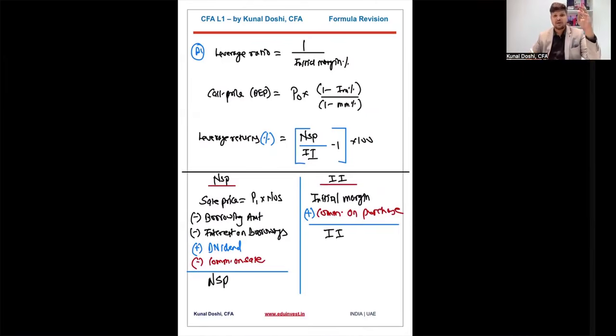Sale price, when you sell it off; borrowing amount; interest on borrowing, also outflow; dividend inflow; commission while selling, outflow; NSP. Initial investment, that is your initial margin, and commission, both are added, both are outflow. That goes into the denominator. NSP is the inflow on the numerator, like ending value. Ending over beginning minus 1 into 100. Leverage returns. Very important.